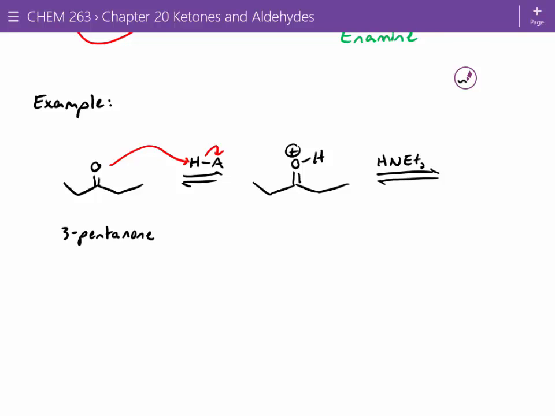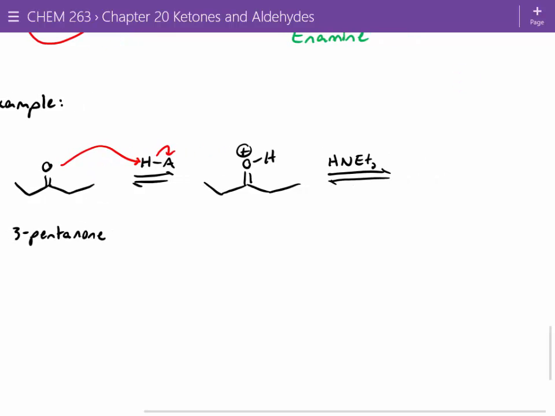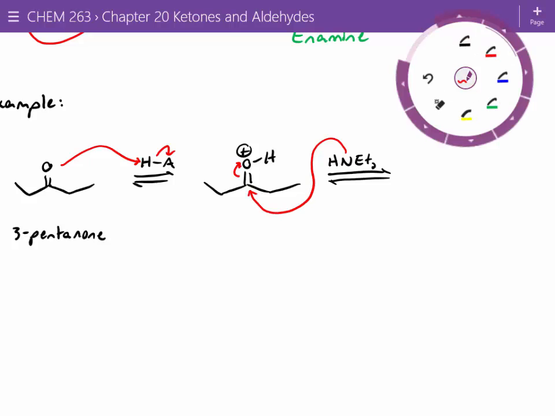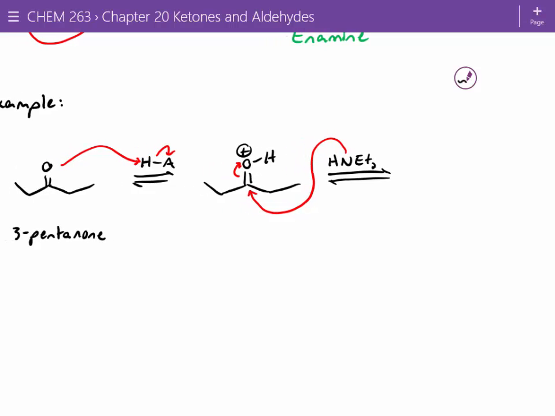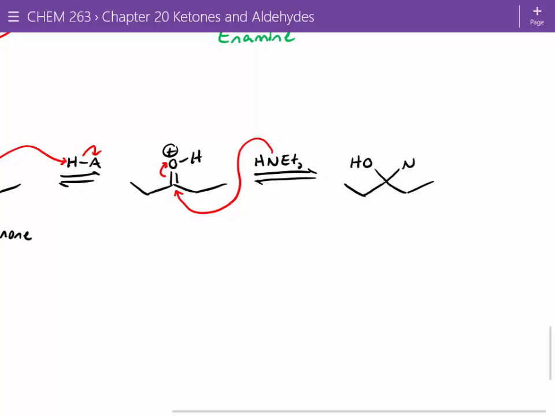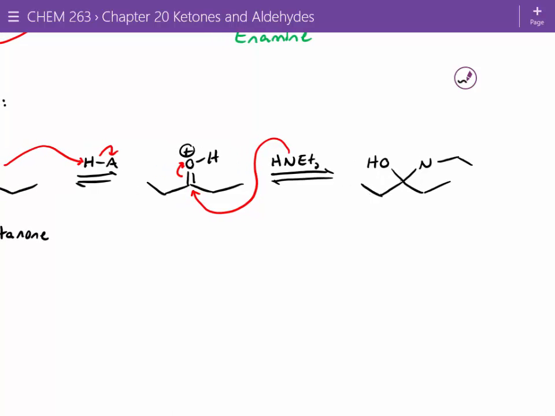So I'm going to abbreviate diethylamine using the Et nomenclature. So we'll draw the nucleophilic attack from the nitrogen, kick up electrons. Let me actually draw the full ethyl groups, I guess. There we go.